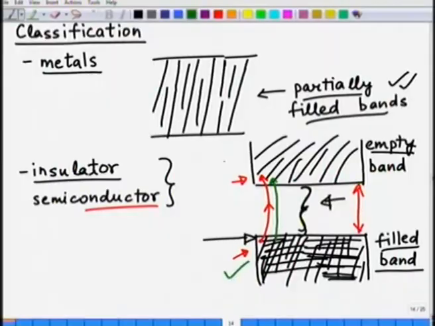At 0 K all of these will be insulators, and when you go to a little higher temperature, say room temperature, in the case of semiconductors, since this gap is small, some electrons can jump over. Both these bands therefore become partially filled, one on top and one at the bottom, because some electrons have left, and hence they begin to conduct, and hence we call it a semiconductor. Whereas in the case of an insulator, this jump will not be possible even at room temperature, and hence it will not be able to conduct.